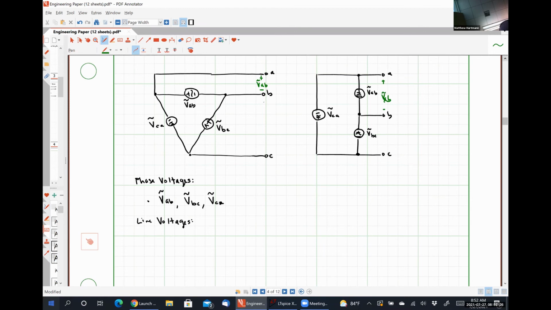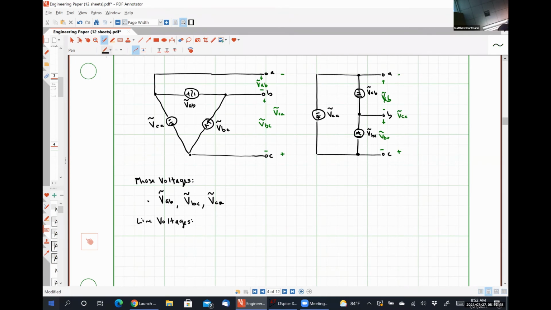We could have a voltage VBC, like so. And we could have a voltage VCA, like so.